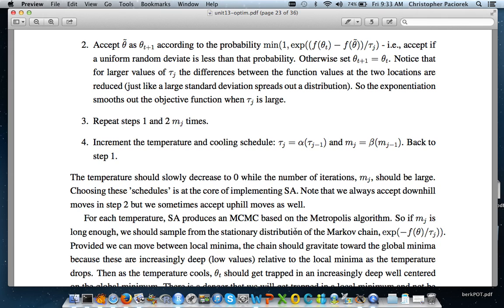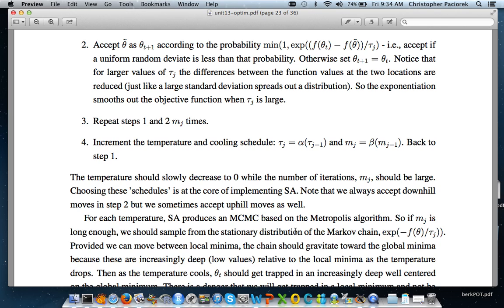What that rule does in heuristic terms is if you're proposing to move downhill, you'll always accept. But if you're proposing to move uphill, you'll sometimes accept and sometimes reject the move. And the more uphill you're going, the less likely you are to accept. So that ability to move uphill combined with the flattening is this idea of being able to move between the modes of the function.